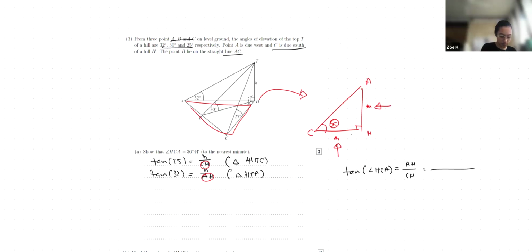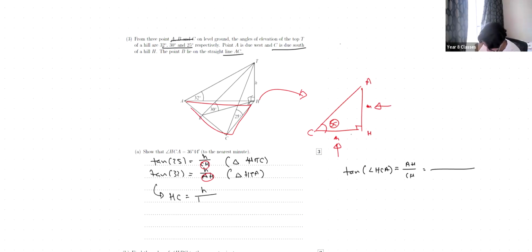So, you're correct. I'm just going to write out the full working. From over here, you can write HC equals H on tan 25, and AH equals H over tan 32. This is just rearranging these two equations here.